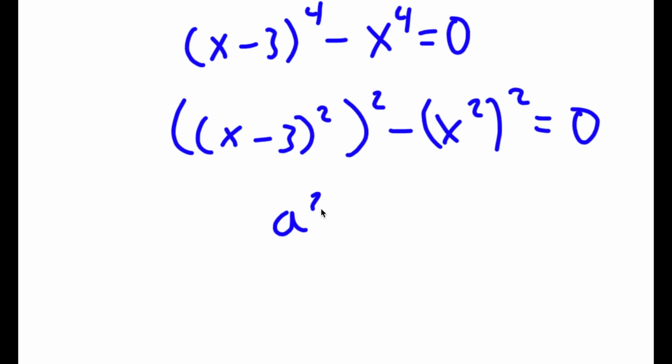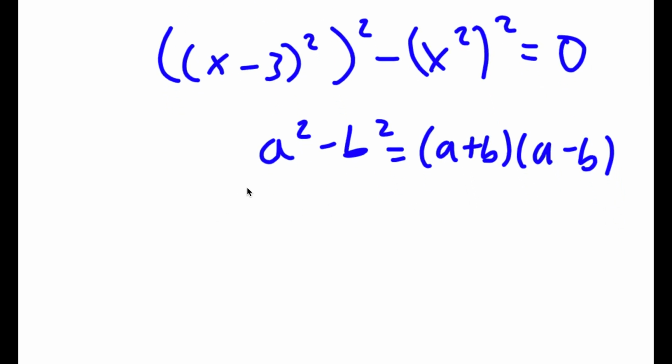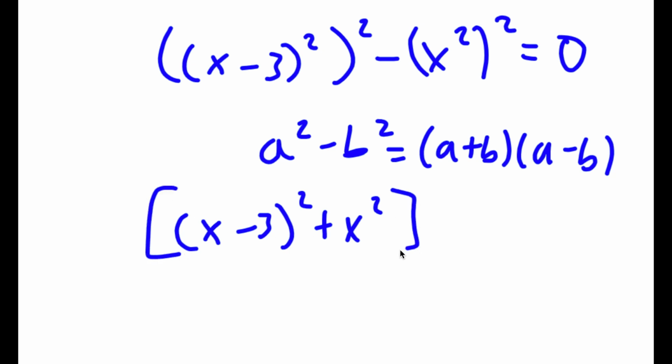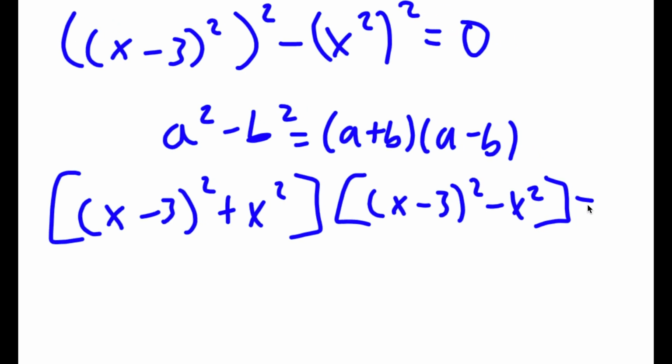And if I have something in the form a squared minus b squared, this is equal to a plus b times a minus b. So this is going to equal x minus 3 squared plus x squared times x minus 3 squared minus x squared is equal to 0.